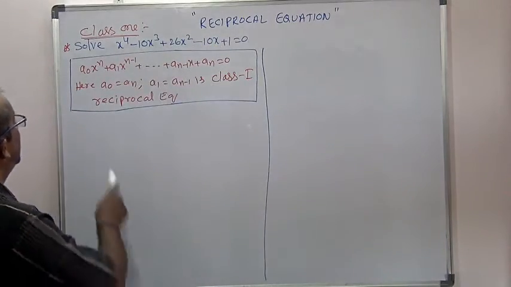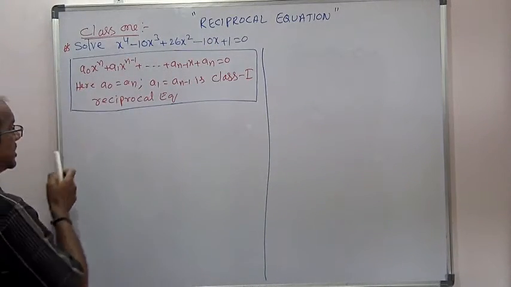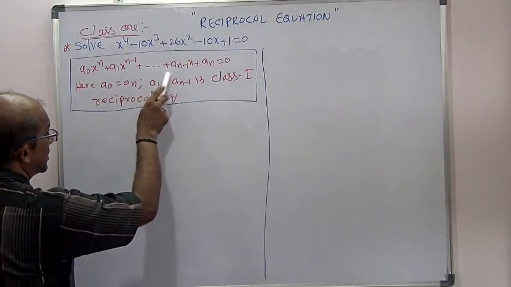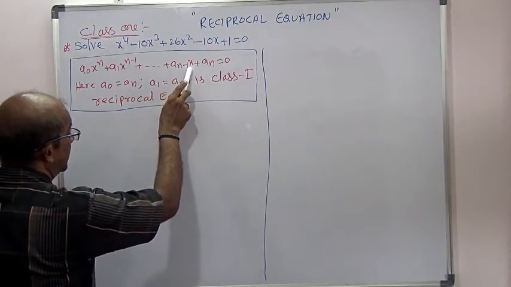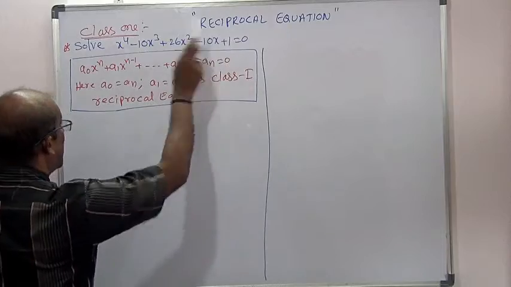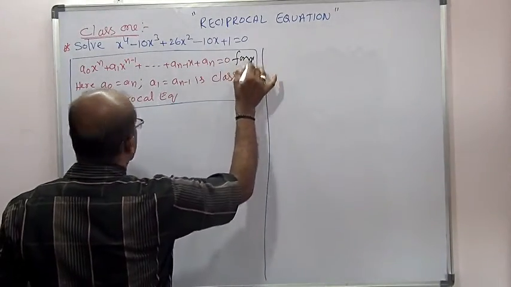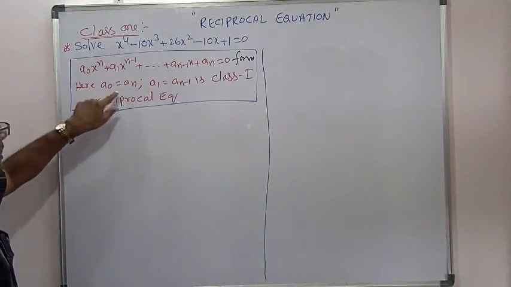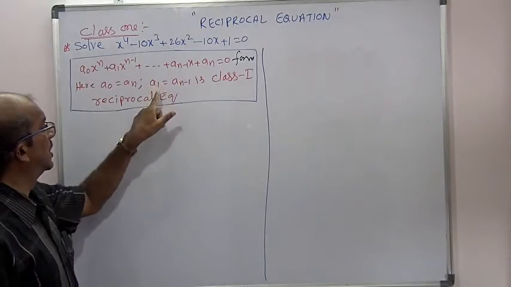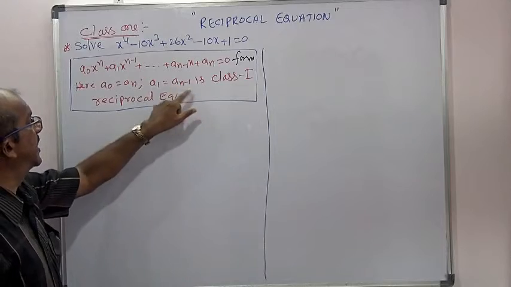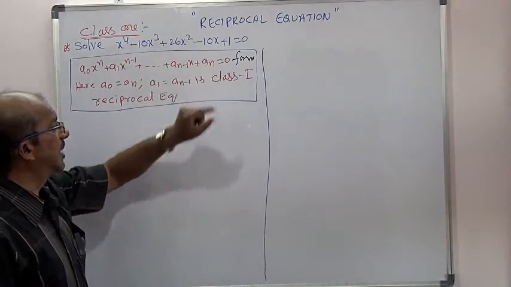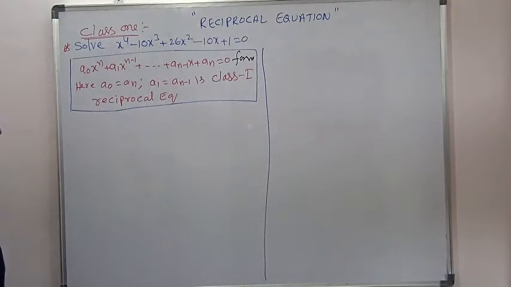Like a naught x to the power of n plus a1 x to the power of n minus 1 plus and so on, a n minus 1 into x plus an equal to 0 form. So here a naught is equal to an, 1 is equal to 1. A1 is equal to an minus 1, minus 10 is equal to minus 10. This is a class 1 reciprocal equation.